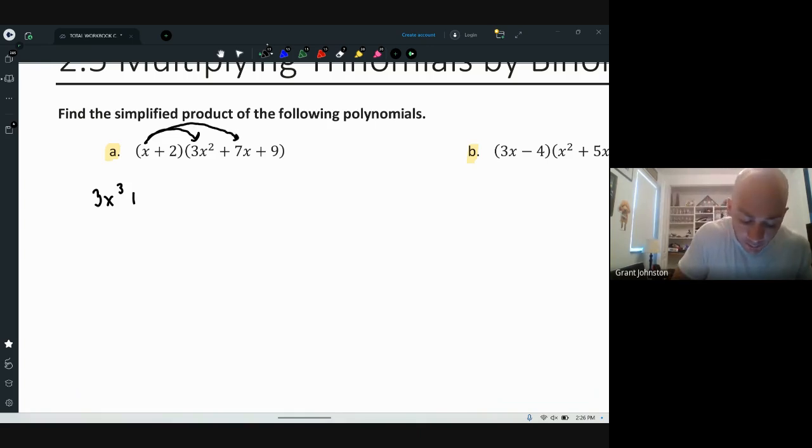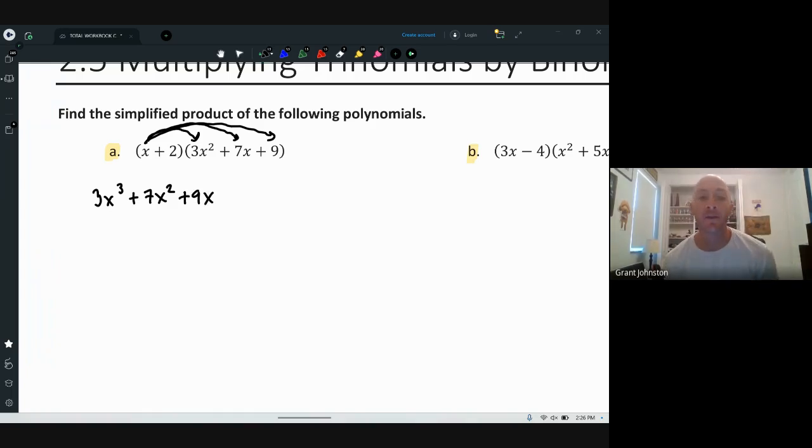Then an x times a 7x would be 7x to the second. And then an x times 9 would be 9x. So I've distributed x, just a 1x, to everything within the second parentheses, that trinomial.